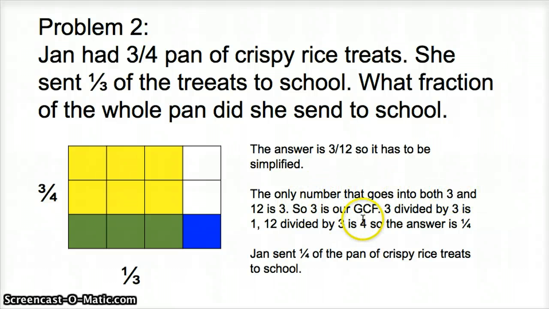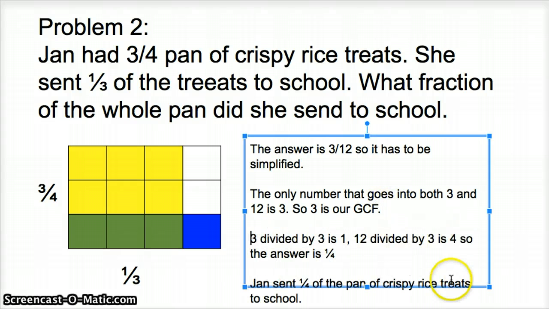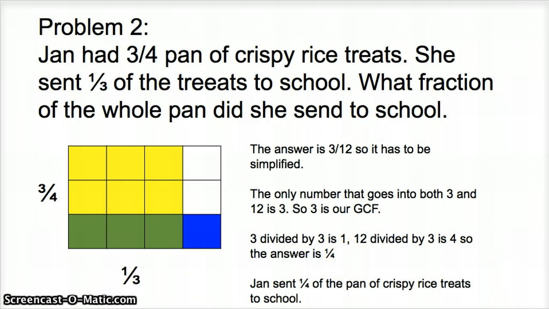So 3 is our GCF. 3 divided by 3 is 1. 12 divided by 3 is 4. So the final answer is Jan sent 1/4 of the pan of crispy rice treats to school. 1/4 is the same as 3/12. It's just simplified.